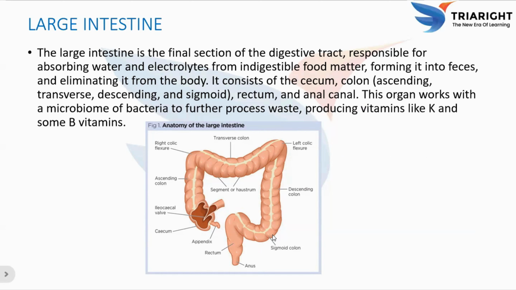And the sigmoid colon, the S-shaped end part, you can see it's in an S shape, right? So that's why it is named the sigmoid colon. It is the S-shaped end part that connects to the rectum.